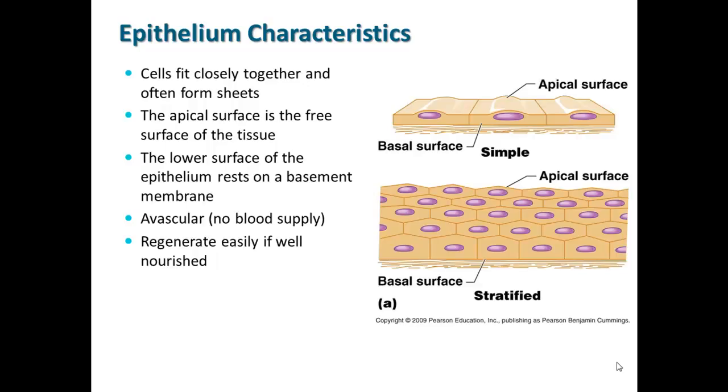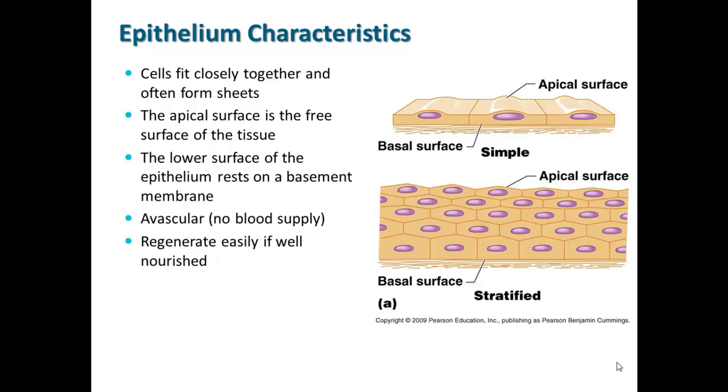For example, the lumen of the intestine is the space inside the tube-like intestine where digesting food is contained. The apical surface of the epithelial cells that line the intestine is the surface in contact with the lumen and its food contents. The basal surface of the epithelium is the lower or deeper surface and contacts the basement membrane.